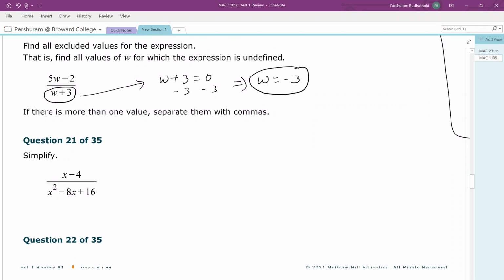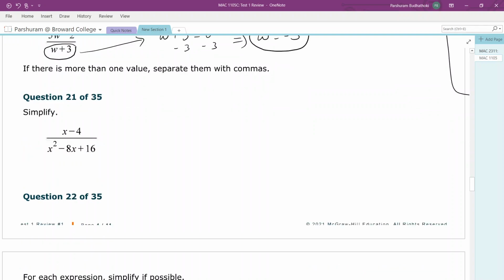For 21, to simplify this rational expression, we have to find the factor on the top, which is x minus 4, and the factor on the bottom, which I can find by using the AC method one more time. So I need to find the two factors of 16 such that the sum would be negative 8.